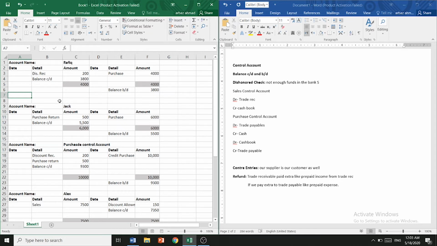So in this, purchase will be credit. But in this case I didn't pay anything. Instead of trade receivable, I can have cash book here, and in the bracket I will have Dishonored.